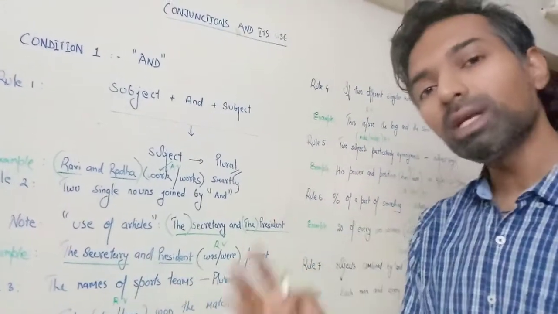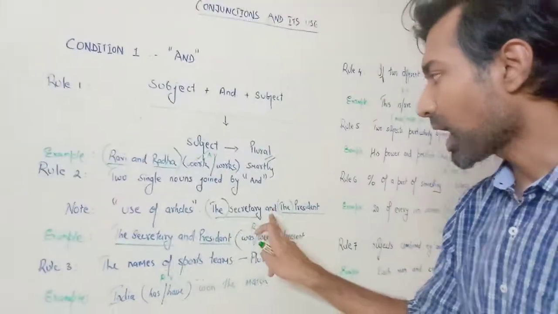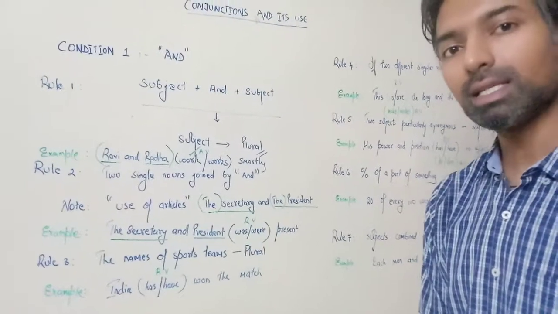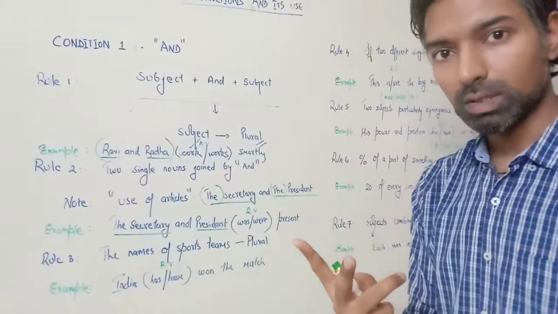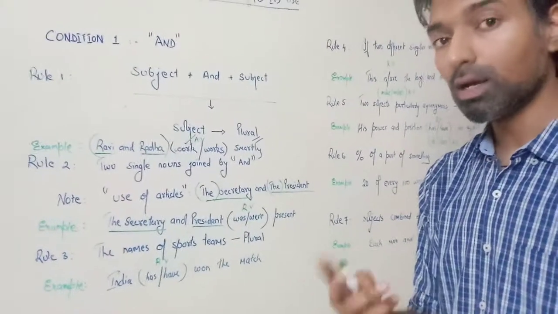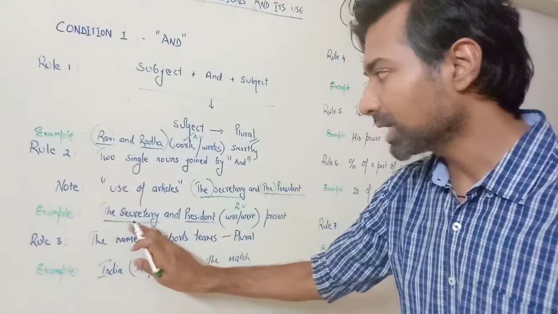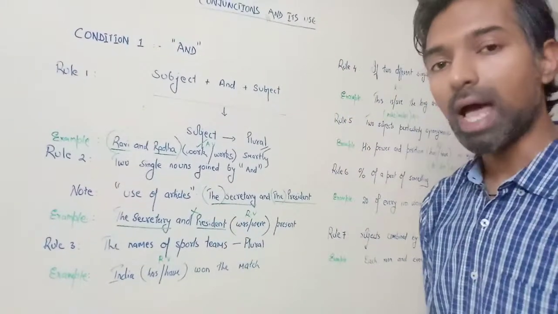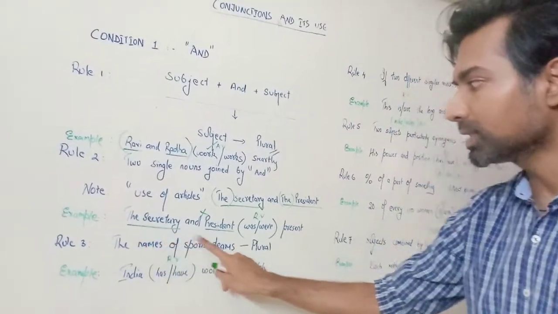Now what we are supposed to understand here is that the use of the article the prior and post the noun is taken as two individual nouns. That means it will be considered plural. And in this case, the secretary and president, because there is no the as an article with this noun, that is where we are referring to one single person.